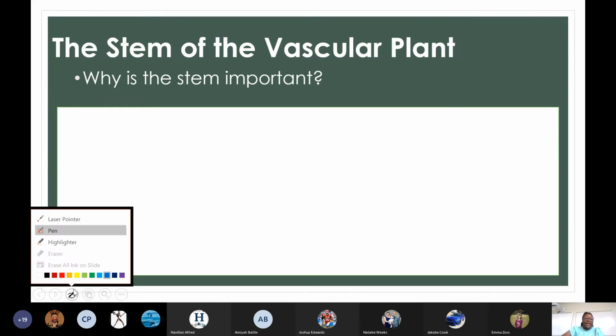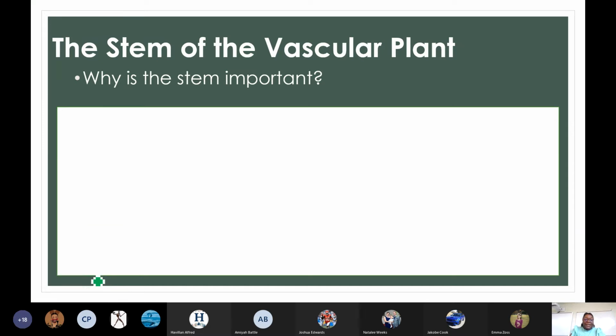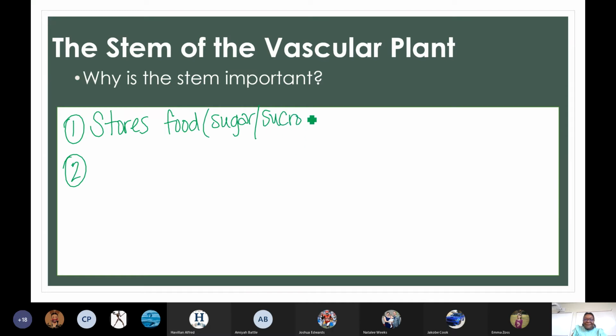It's important for us to understand that the stem of the plant is important for two reasons as well. The first reason is that it acts like the plant's refrigerator. It stores food in the form of sugar or sucrose and water.